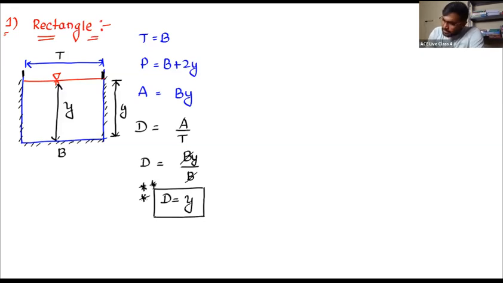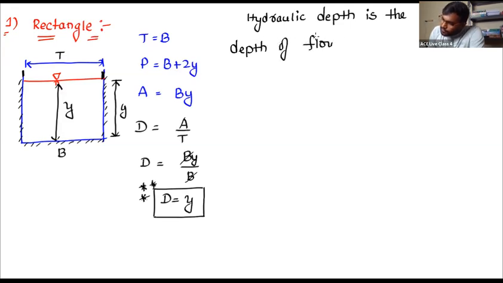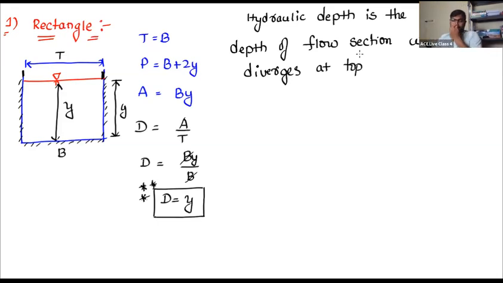So now I can write: hydraulic depth is the average depth of the flow section whose sides diverge at top. So that's the meaning of the hydraulic depth.